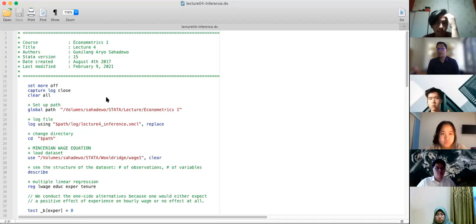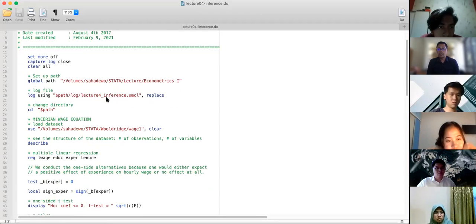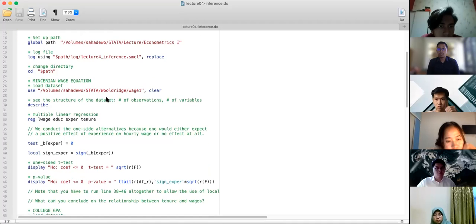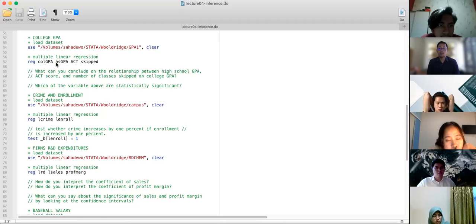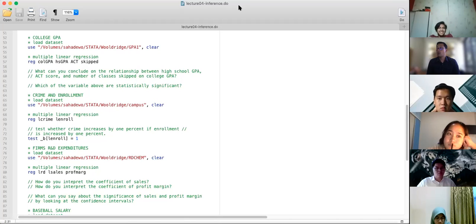If you haven't had a chance to look at the do file, please look at it. You're going to go through several examples of one-sided tests and two-sided tests with the same data that was given in the slide deck. Okay, so be sure to look at that. And if you have any questions, you can ask them during the tutorial, or you can also ask them in the next session.